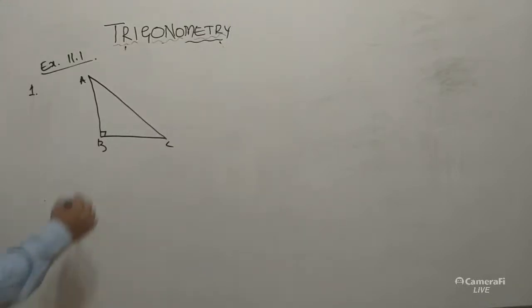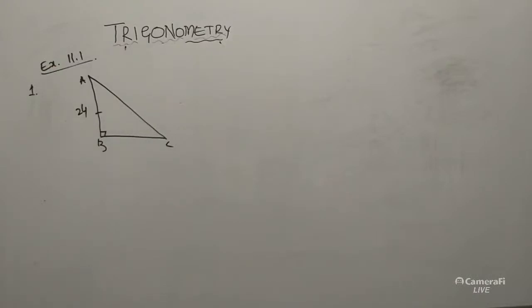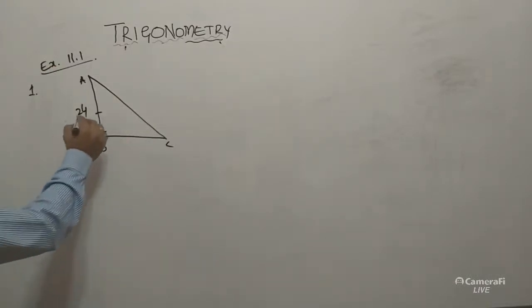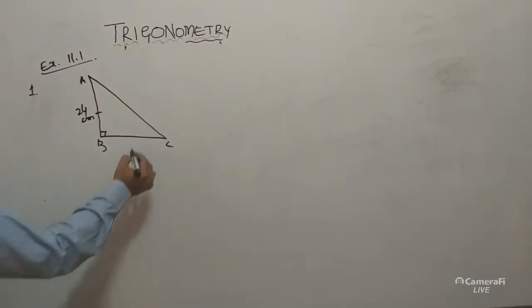AB is equal to 24 centimeters. This is AB. The value of this side AB is given as 24 centimeters, and BC is equal to 7 centimeters.